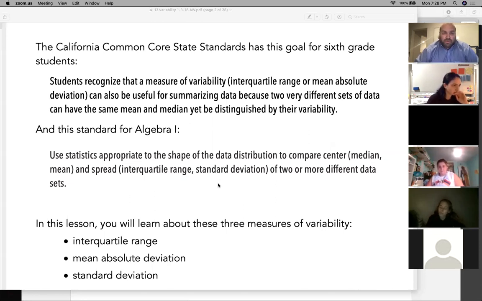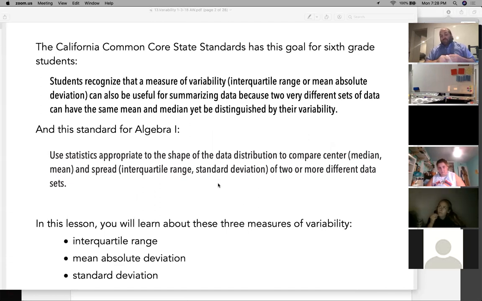Okay, so the California Common Core State Standards has this goal for 6th grade students. Students recognize that a measure of variability, either the interquartile range or the mean absolute deviation, can also be useful for summarizing data because two very different sets of data can have the same mean and the same median, yet be distinguished by their variability. In other words, if I just tell you the mean and the median, that's not enough. There's still more information.